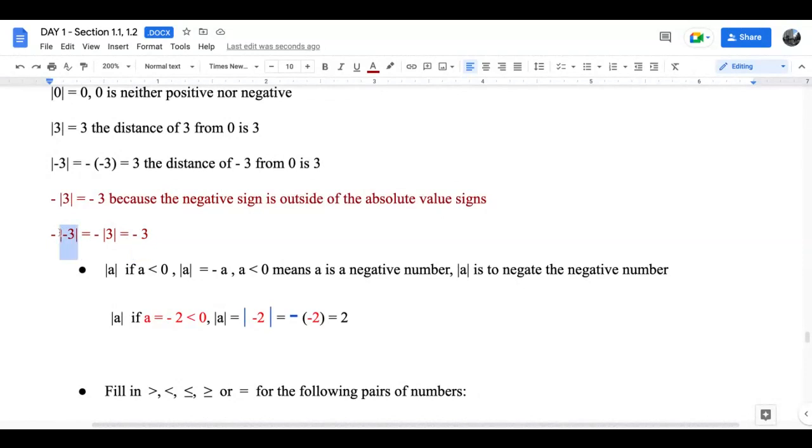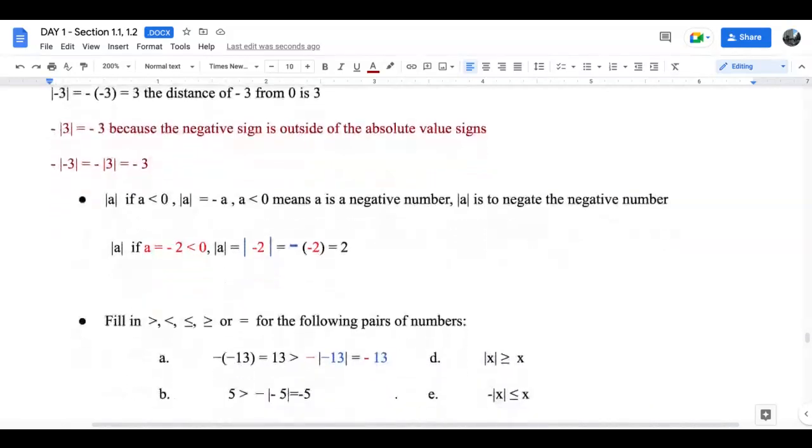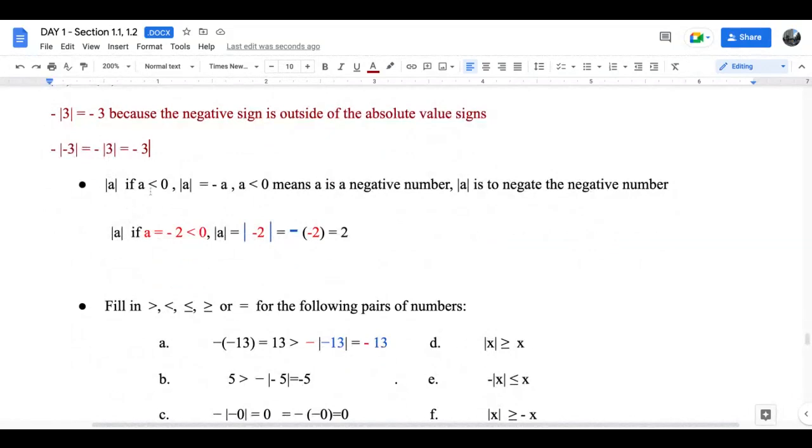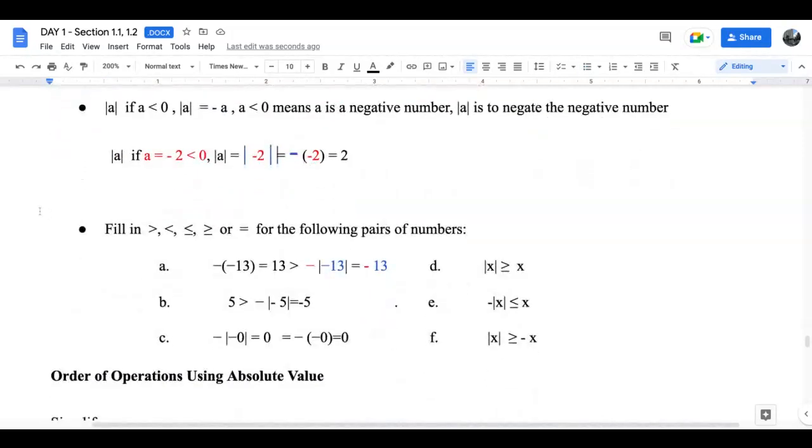Because the absolute value of negative 3 becomes positive, so it stays negative. So in general, if we take the absolute value of a negative number, that's just a negation of the negative number, becoming a positive number. Or if the number is positive, it's just positive.